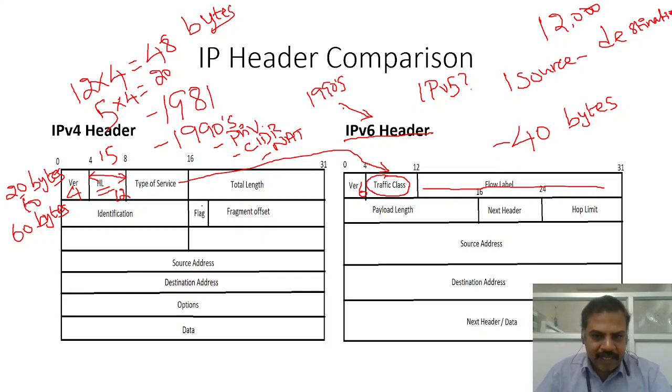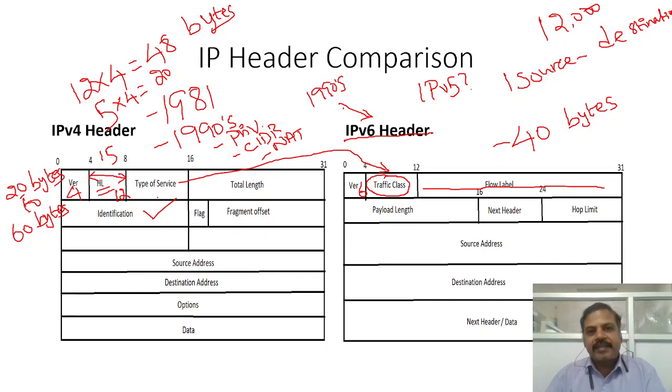In IPv4, we are having the identification field. So the purpose of identification field: in IPv4, we are having the fragmentation principle. The packet, when it travels from source to destination, based on the MTU size, may be further fragmented in the intermediate routers.